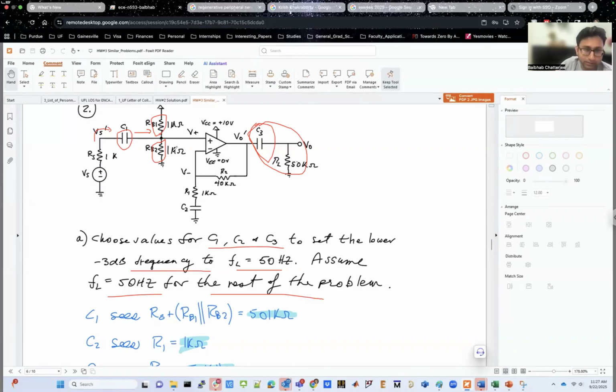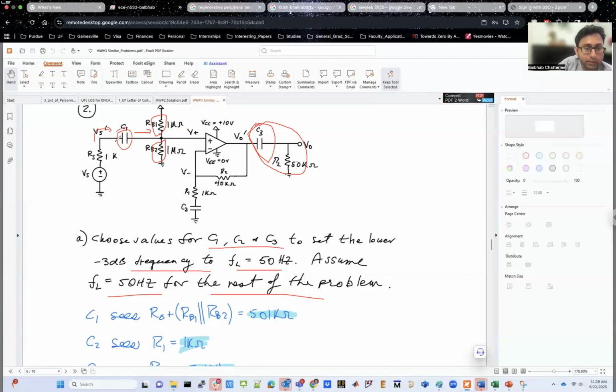So looking into the right side of the capacitor C1, you see RB1 in parallel to RB2 when you are doing AC analysis. Remember that RB1 and RB2 were there to make sure that you have a DC biasing point. Just because they are there for the DC biasing, they do not impact the gain that you're interested in, but they will impact the bandwidth. How would they impact the bandwidth?